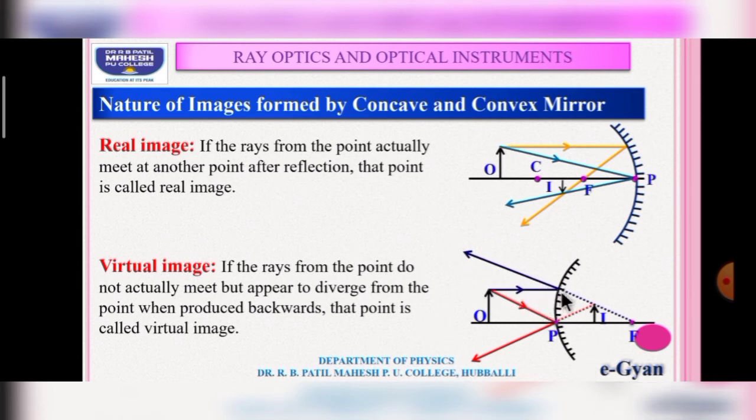When you produce them backwards, these rays meet somewhere here, and the image is formed here, and this image is called a virtual image. I hope you are clear with real and virtual image.